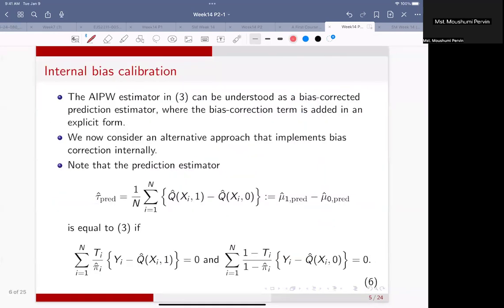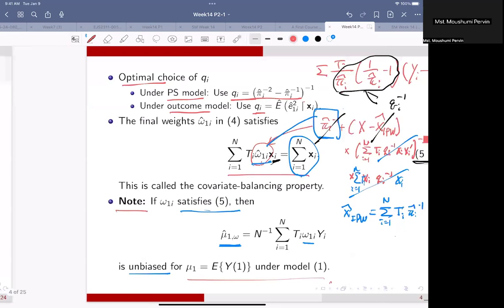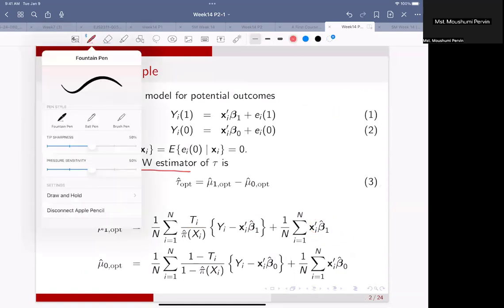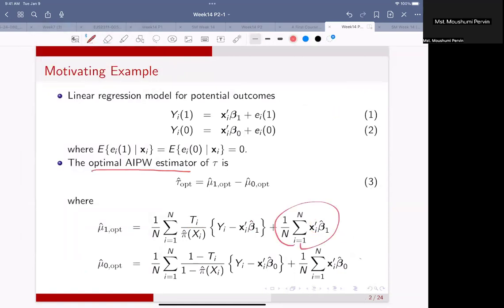And now, this AIPW estimator in (3): if you look at it, this is a prediction, and this is a bias correction.